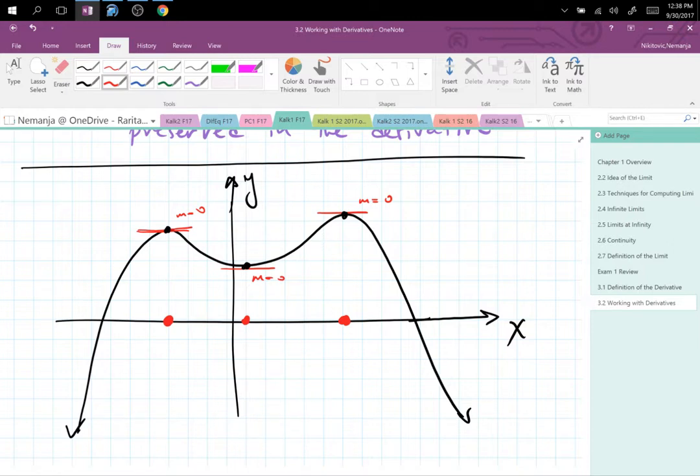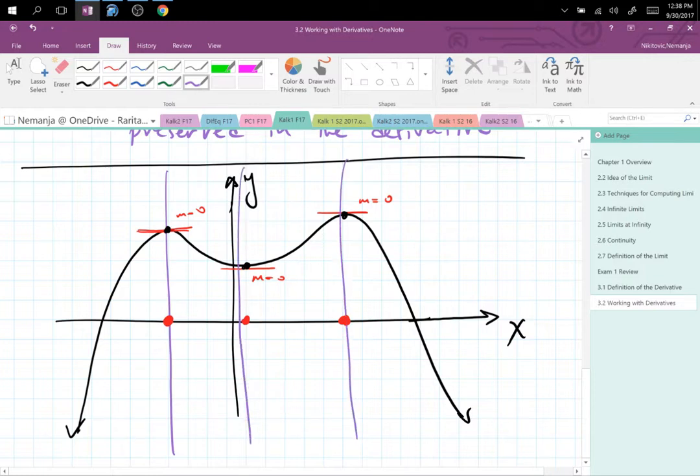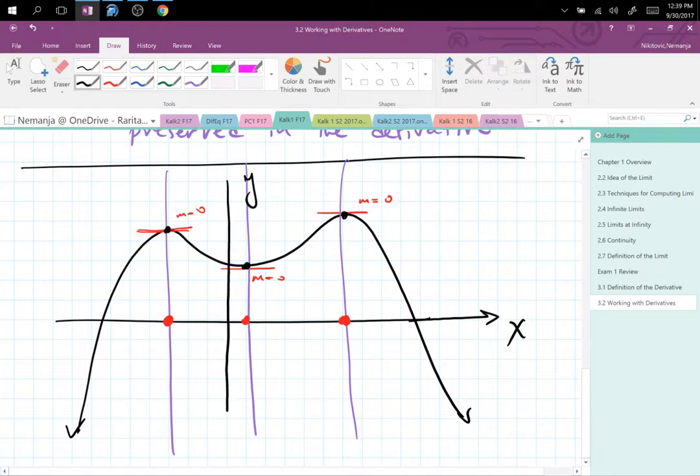Now, these points also partition the world for me right now. When I partition the world this way, I'm going to move the y-axis to make it nice. If you look at these purple lines, they partition the world into 4 regions.